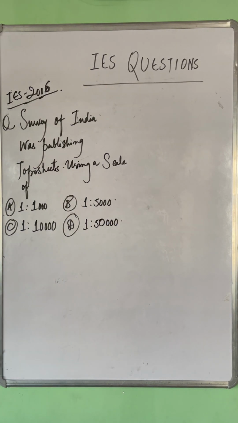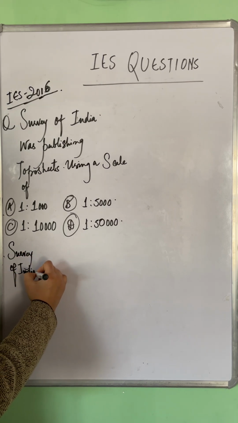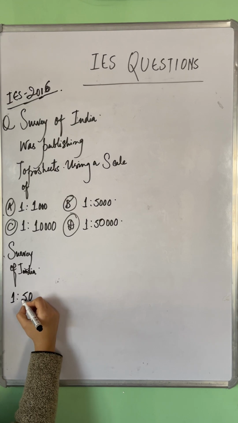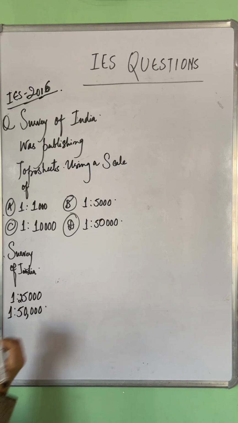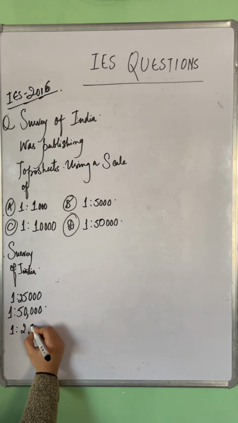Alright, so this was a question as asked in IES 2016, and the question is Survey of India was publishing topo sheets using a scale of 1:1,000, 1:5,000, 1:10,000, or 1:50,000. Alright, so Survey of India used to publish topo sheets using scales of 1:25,000, 1:50,000, and 1:250,000.